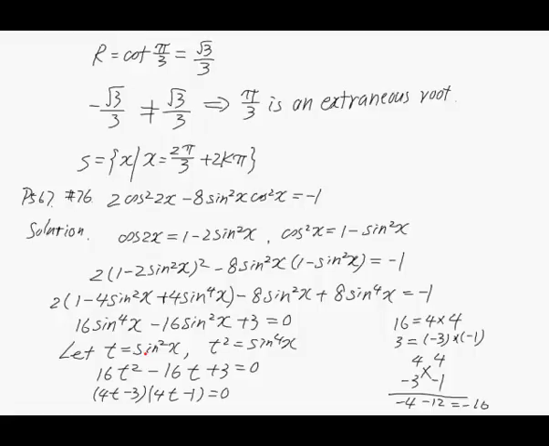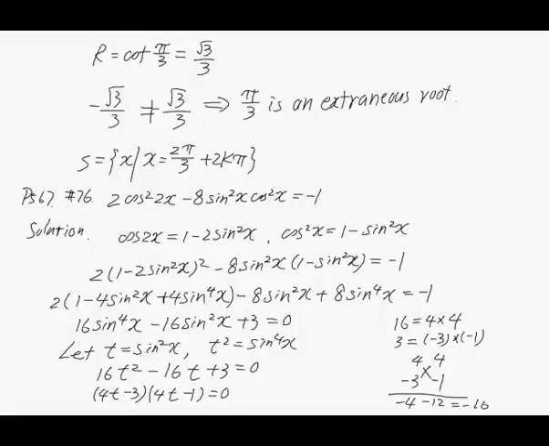So the first one is t equal to 3/4, and the second one is t equal to 1/4. And we need to do the back substitution, right? Here we know we have t equal to sine squared x. So right now we have found the solutions for t.